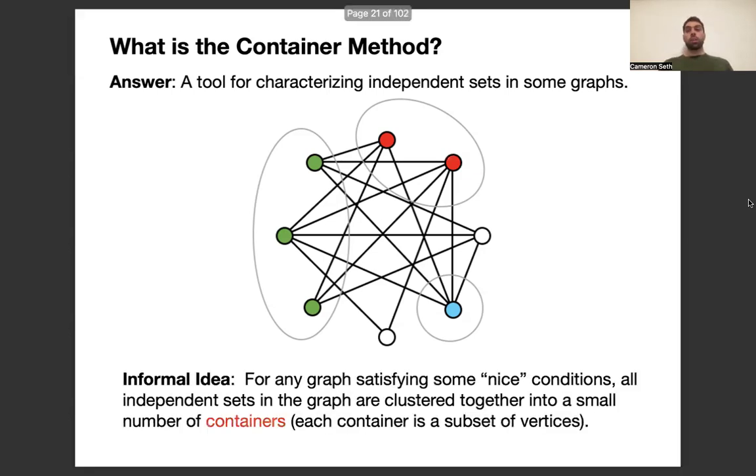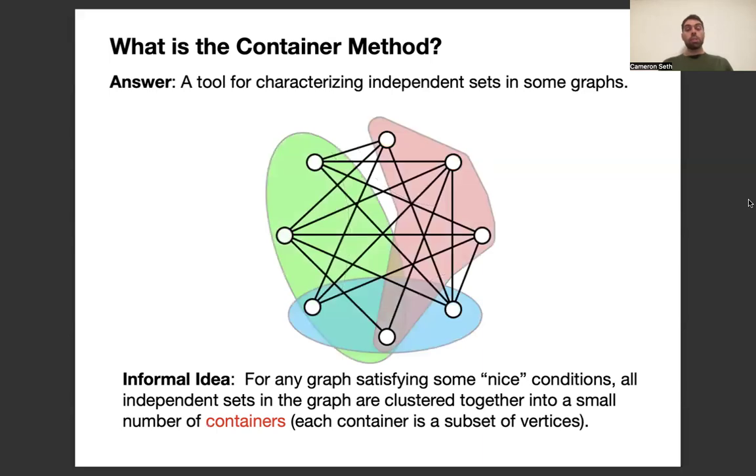But it turns out you can find a set of containers where each container is a subset of vertices such that all the independent sets are contained. In other words, they're a subset of each of these containers. So for example, in this graph, there's lots of independent sets, but I can give you these 3 containers, for which every independent set is a subset of one of these containers.